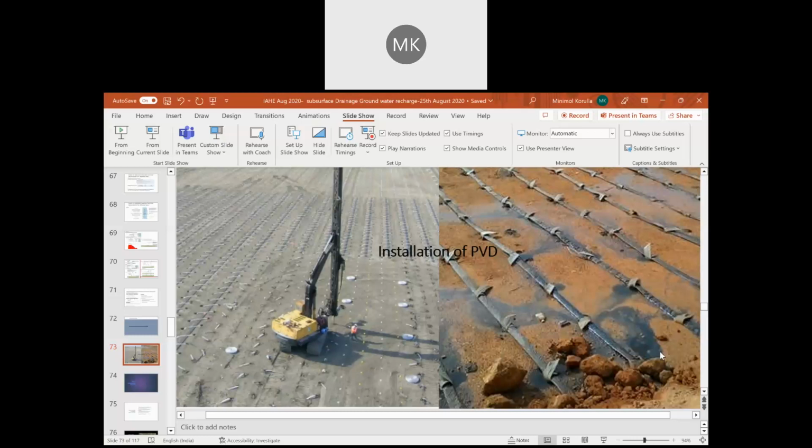Okay. So I talked about the importance of permittivity or the permeability, the apparent opening size, the CBR puncture resistance, the tensile resistance and all. But one main aspect I forgot to mention is the clogging resistance. If the geotextile is getting clogged, the entire purpose of releasing the pore water pressure and all will become zero. We will be completely failing in the attempt of providing perfect drainage.